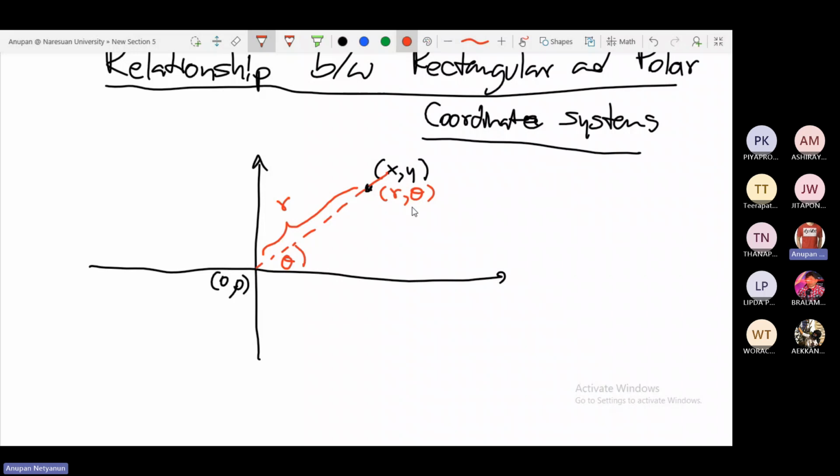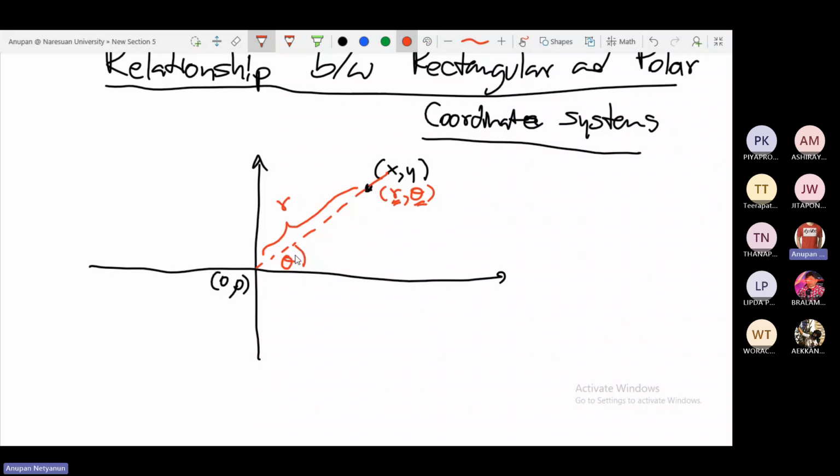Now, one more note about polar coordinate. You can see that I usually start from the angle first, and after talking about the angle, I just talk about how much I walk on this imaginary line.